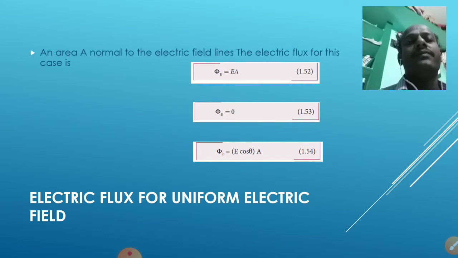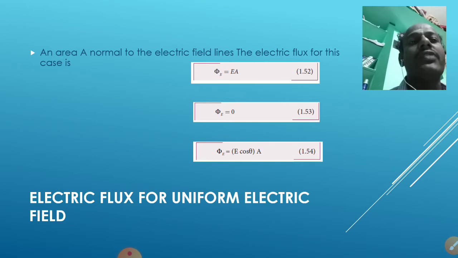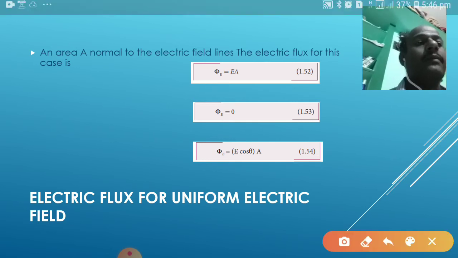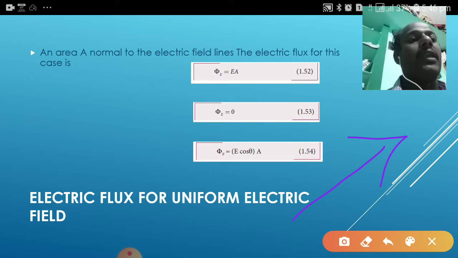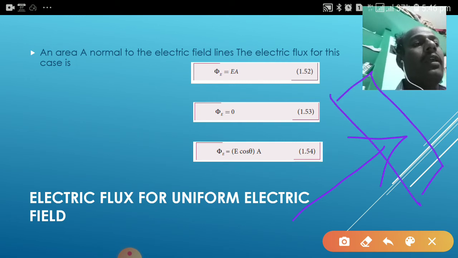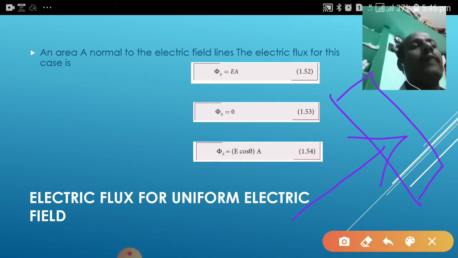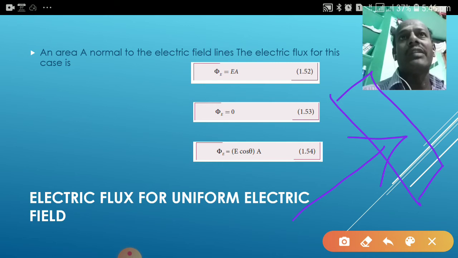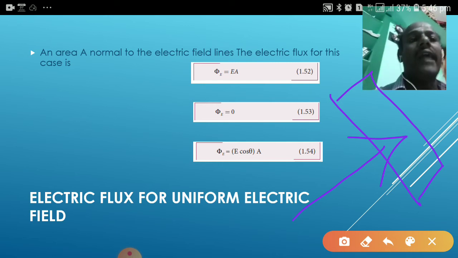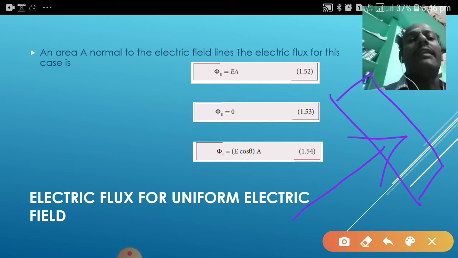The first is when the area is normal to the electric field lines. When the electric field is acting in this direction and I keep the area normal to the lines, all the lines move straight, normal to the area. So in that case the flux will be EA.